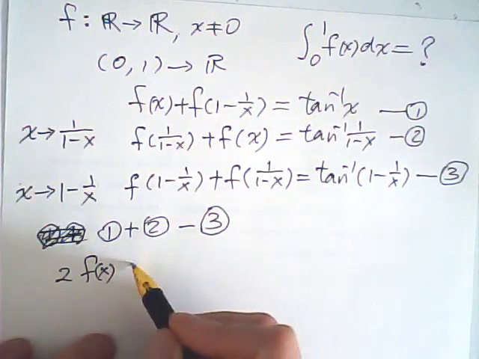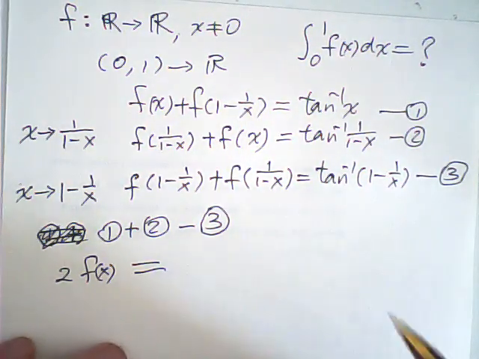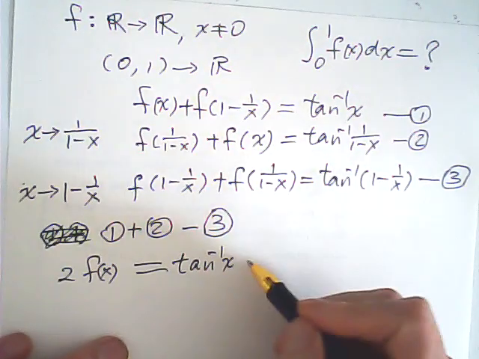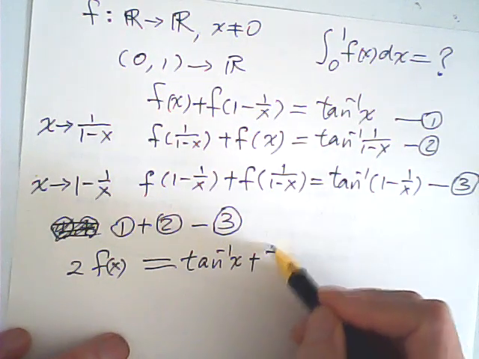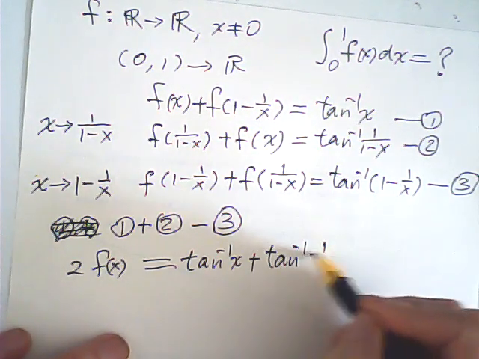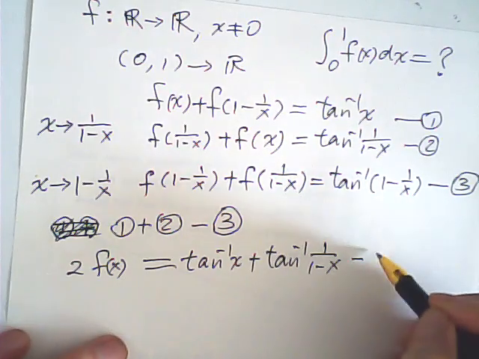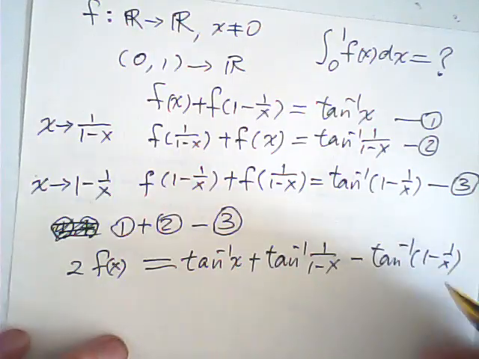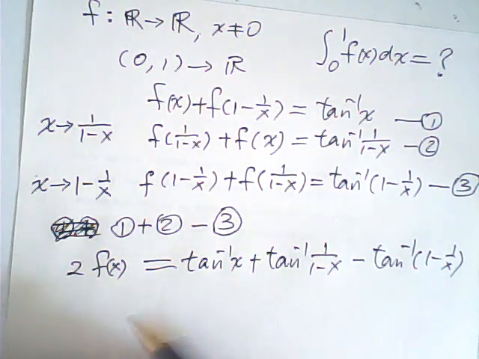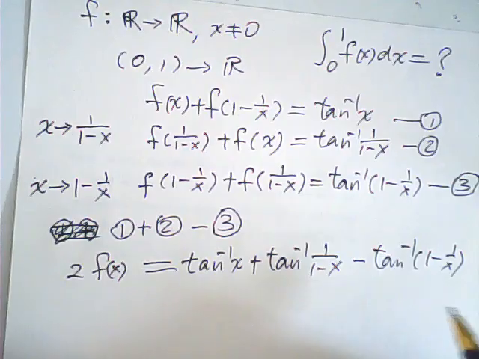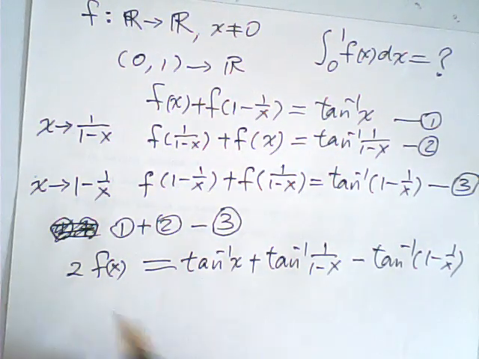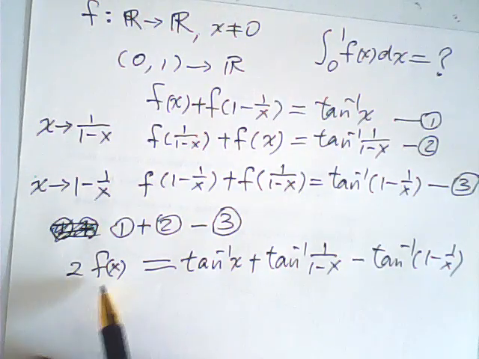So the left-hand side is just 2 f of x, equal to arctangent x plus arctangent of 1 over 1 minus x minus arctangent of 1 minus 1 over x. See, I got a new functional equation, which is good, because from that we can find what we want.